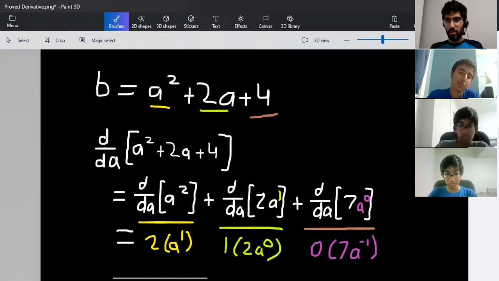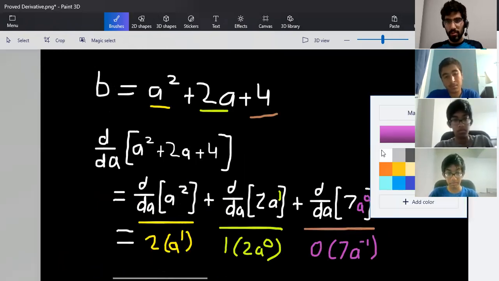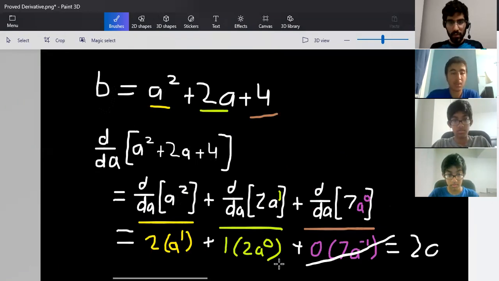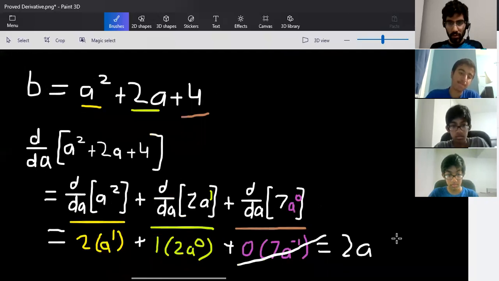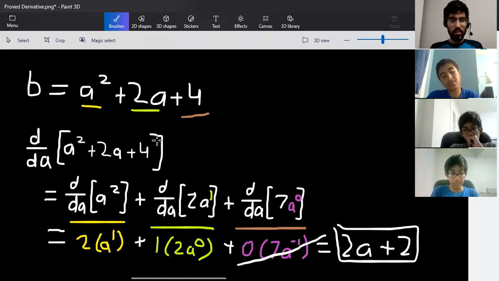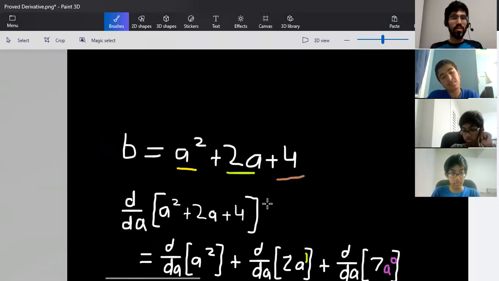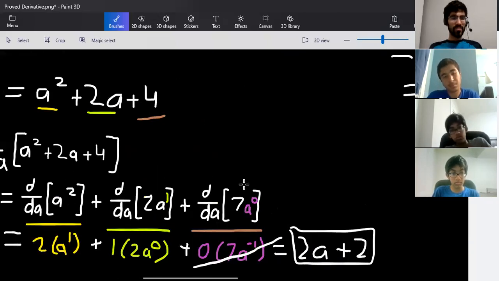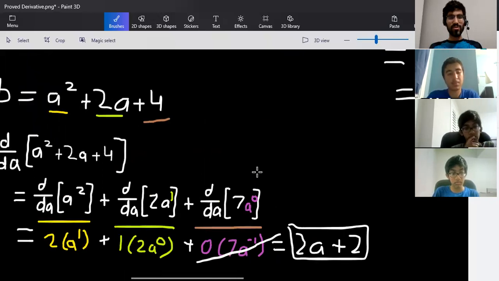So you have all of these things multiplied together. So this is 0, it just goes away. We're left with 2a to the 1, so that's just 2a plus 1 times 2 times 1. So that's plus 2. This is all the sum rule is saying. If you can't combine the like terms, just take the derivative of each of the terms. Hopefully that wasn't too bad.